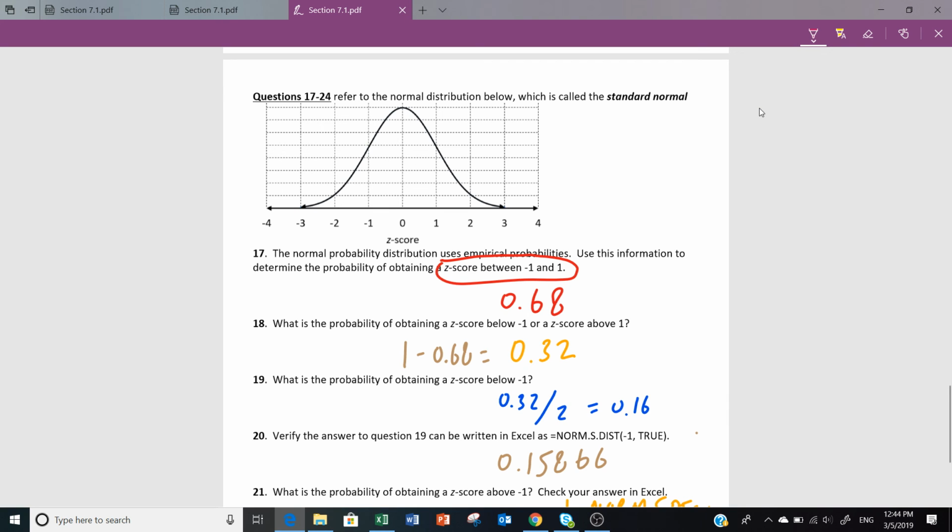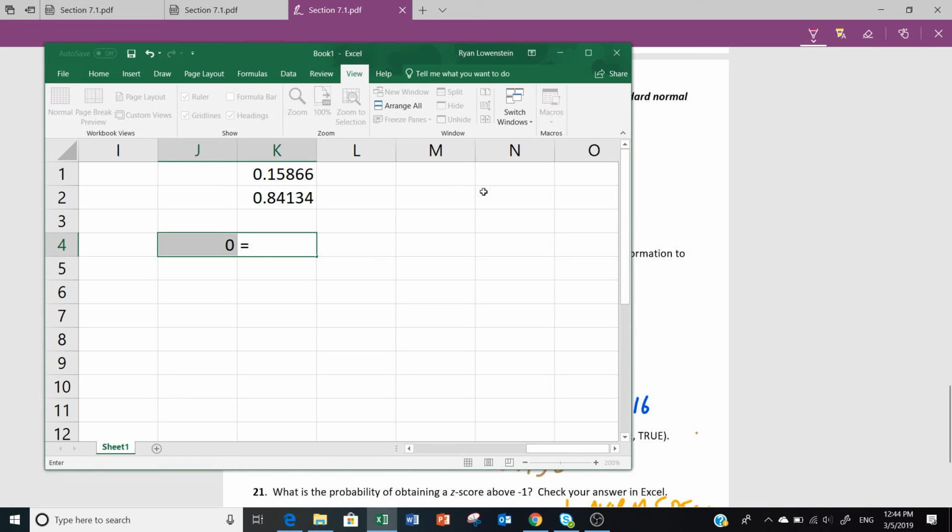So if you're looking for that z-value where the area to the left is 0.16, the answer would be -1. So then when you type in equals norm.s.inv of 0.16, it's going to give you about -1. Is that what the question was, Nicole?